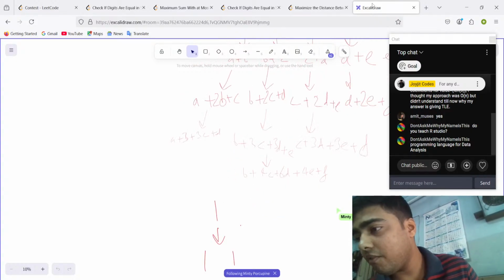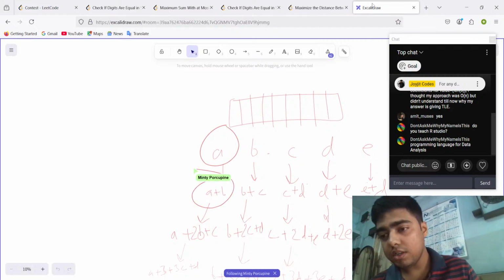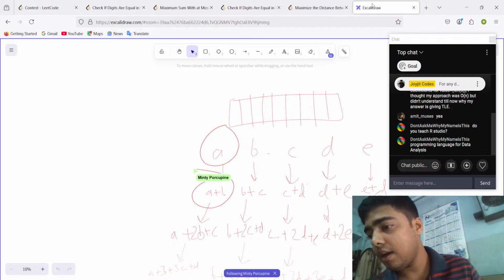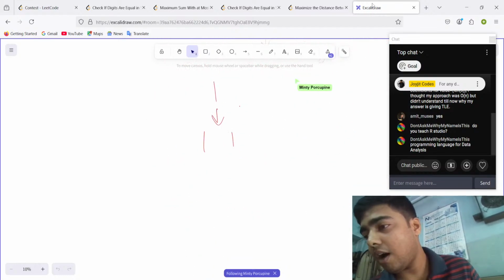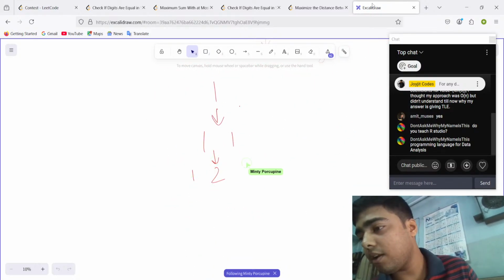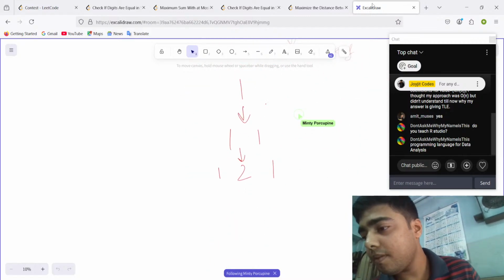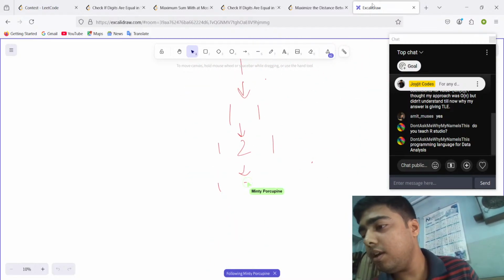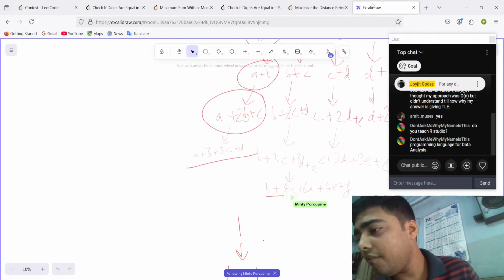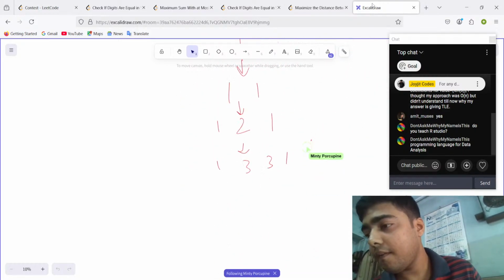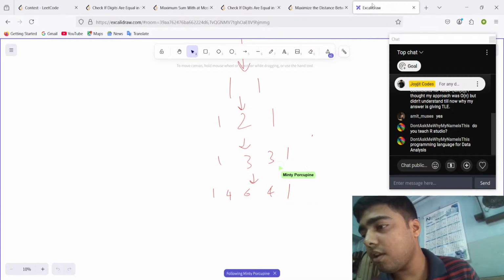What do I mean by 1 1? Initially it was A, then it became A plus B, so 1A plus 1B. After that it became 1A plus 2B plus 1C, so 1 2 1. After this it became 1 3 3 1. And after that it became 1 4 6 4 1.